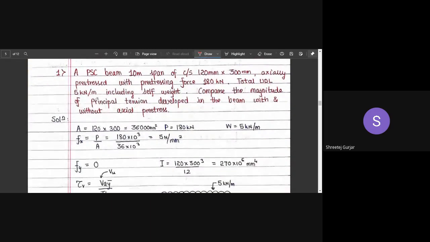So we will head on to the first numerical, a very easy numerical, wherein we have a PSC beam of 10 meter span. Cross section is given to us, 120 by 300.